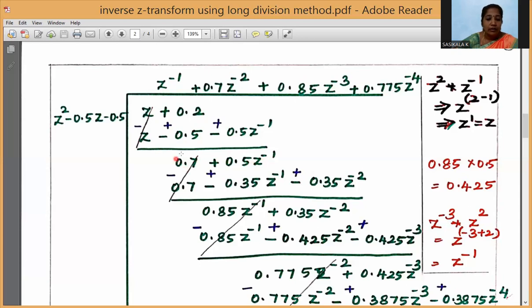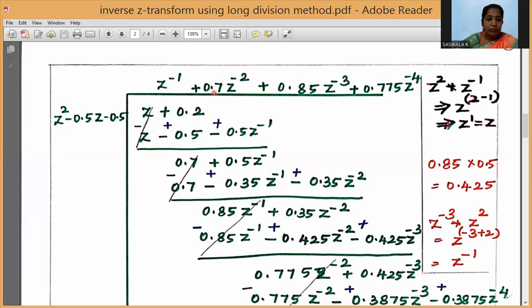Now, in the second term, this 0.7 has to be cancelled. Here our first term is Z square. In order to get Z power 0, that is 1, Z square should be multiplied by Z power minus 2. And here we have the constant 0.7, so we are adding 0.7 Z power minus 2.